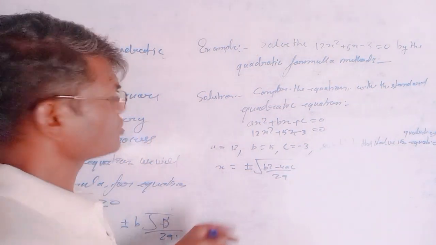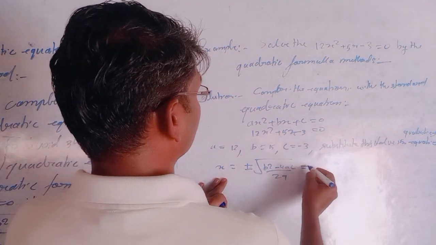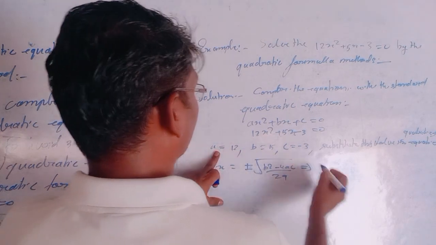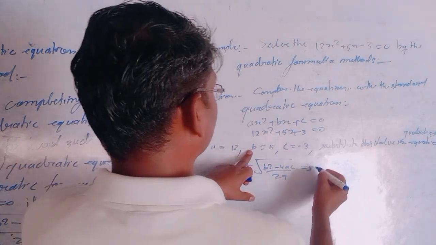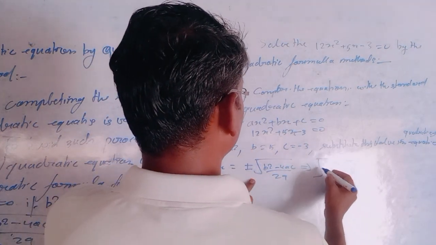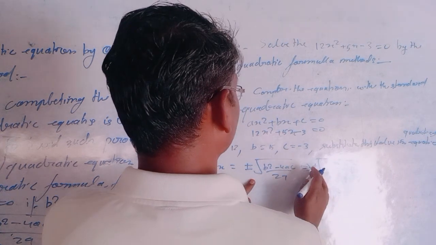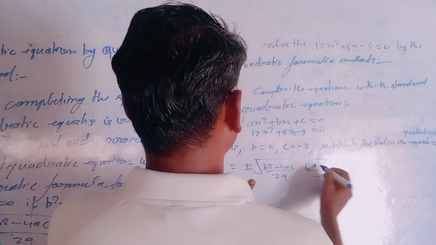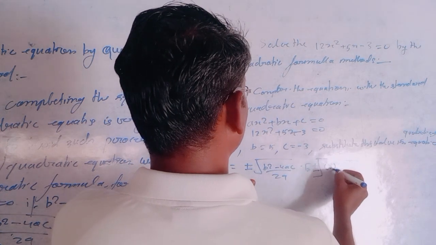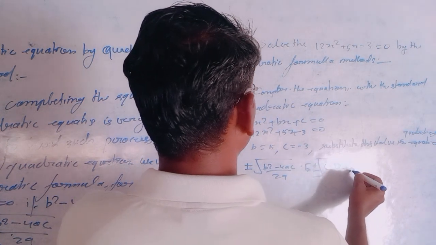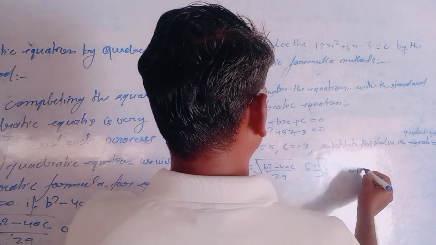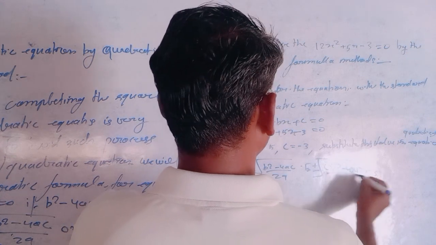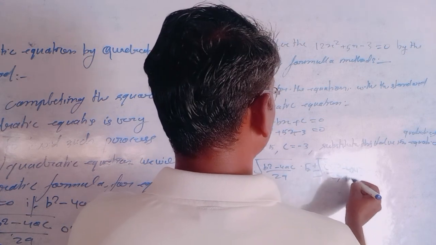Here a is 12, b is 5, so we write minus 5 plus minus under root 5 square minus 4 into 12 into minus 3, by 2 into 12.